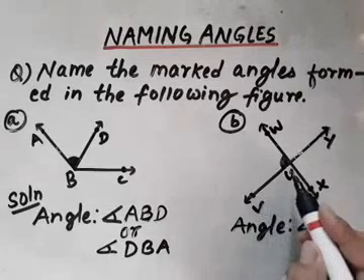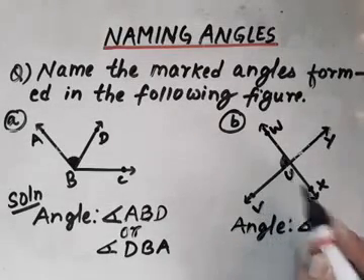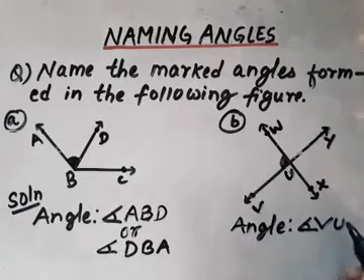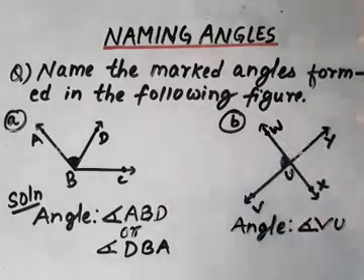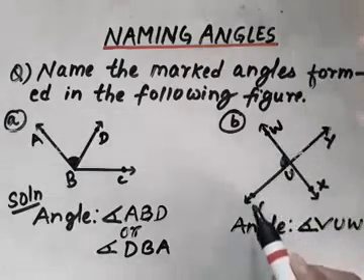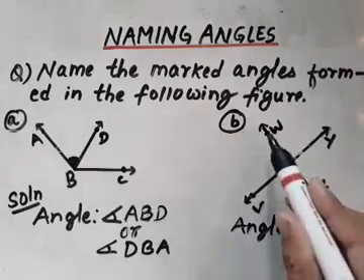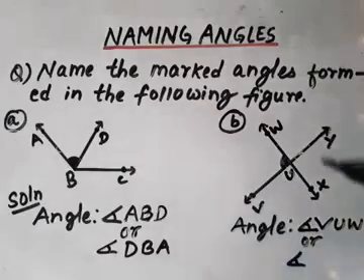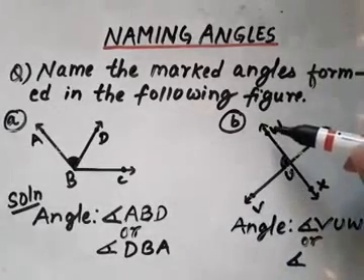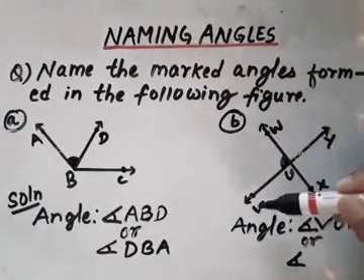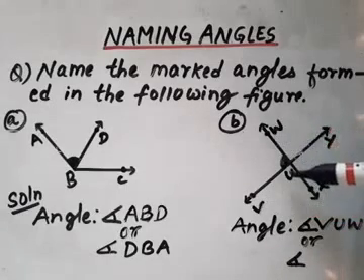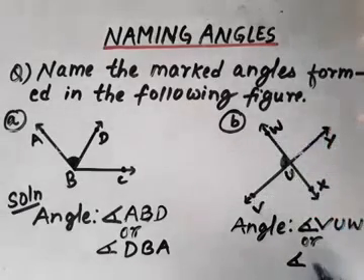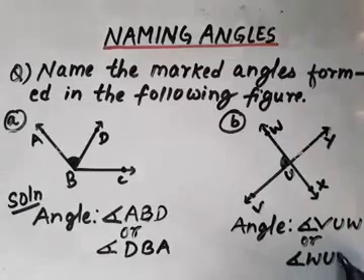Then V, U in the middle and W at last. Angle VUW. In another way, you can write angle WUV.